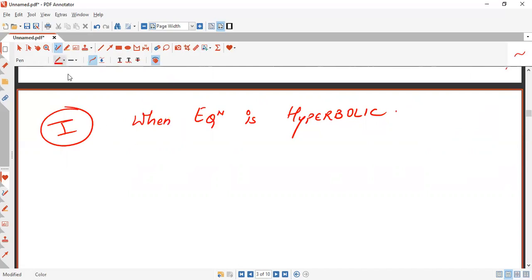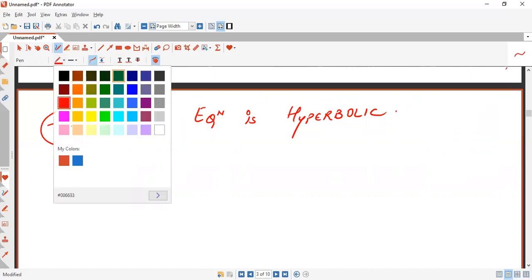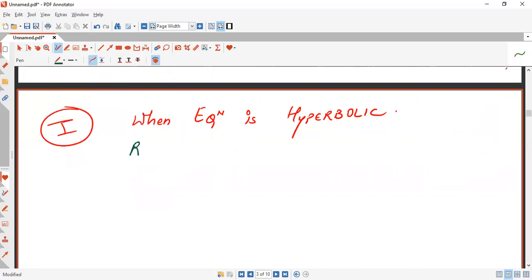So first what we are doing over here is, suppose this equation is given. So what you're going to do first, just like the previous time, is check s square minus 4rt. For the hyperbolic equation, it should come greater than 0.